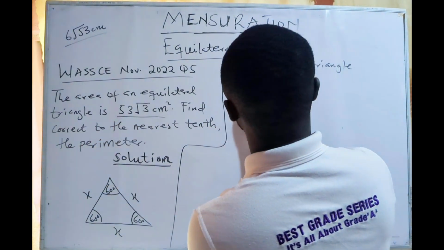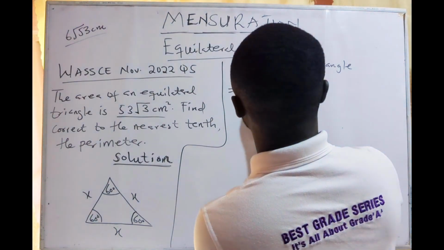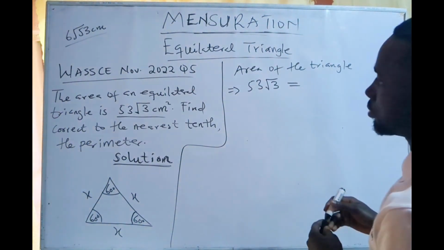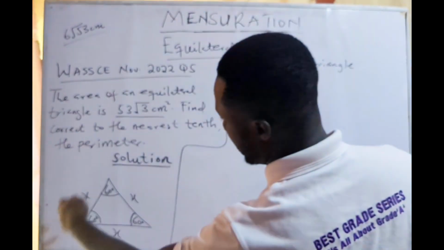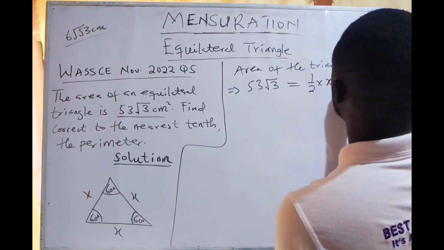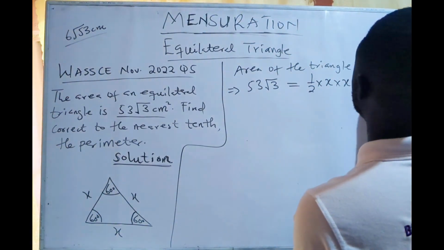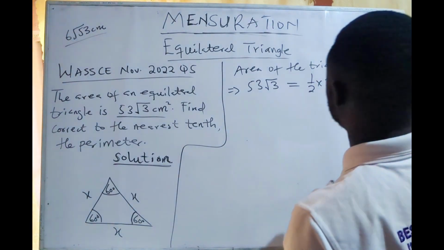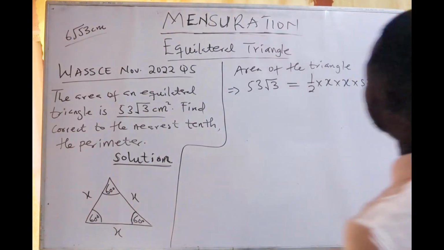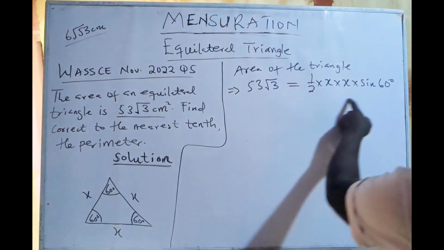That is 53 root 3, equal to half times x times x times sine of 60 degrees, so that we can find x and then multiply by 3 to get our perimeter. So the area can also be like this.